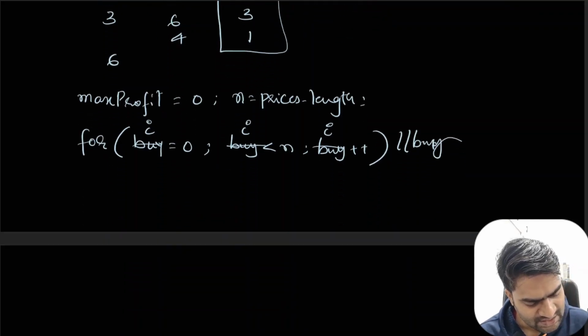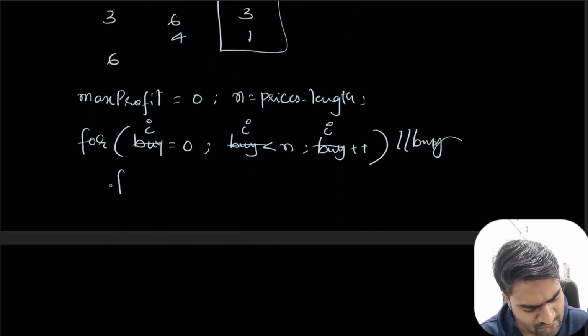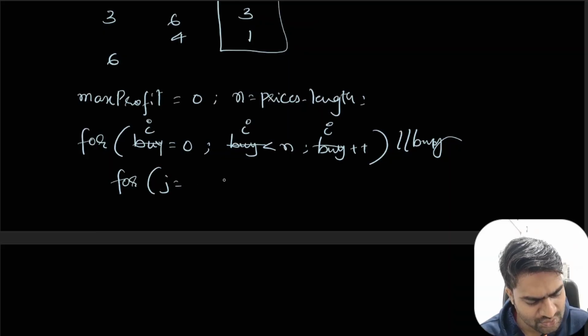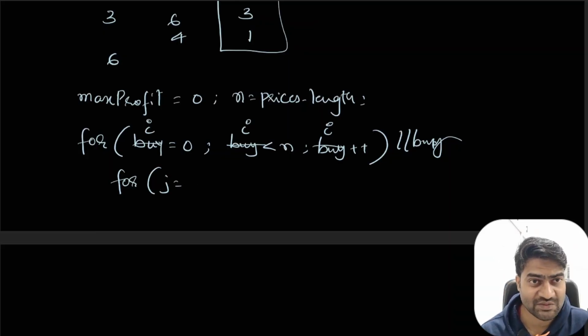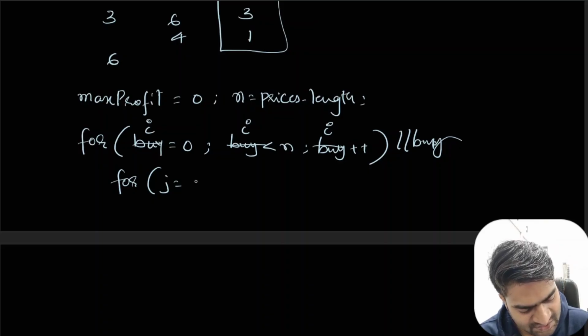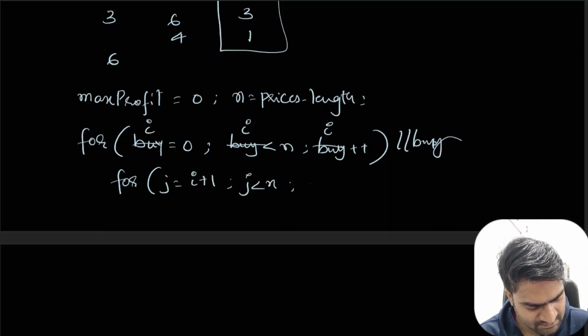Then I will take one more loop for j equal to, now I should start from I plus 1 because I cannot really start from I because there is no point in selling it on the same day. That's why j equal to I plus 1, j less than n, j plus plus. So this is my selling.